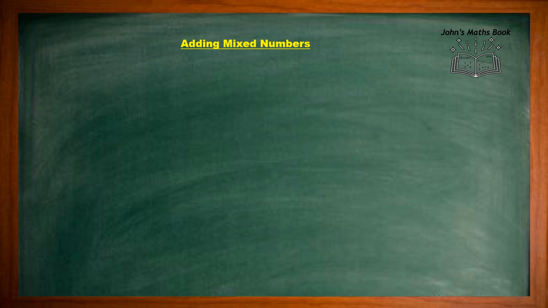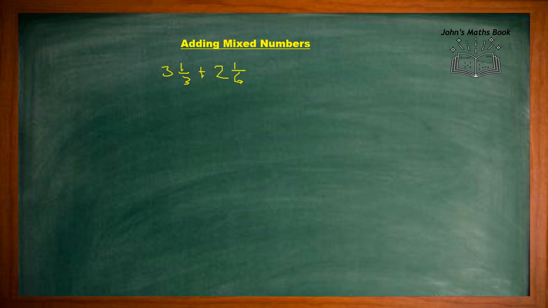So let's look at how we add mixed numbers. Let's look at an example of 3 1/3 added to 2 1/6. The first thing we have to do is convert the mixed numbers to improper fractions. The way we do that is multiply the integer part by the denominator, add the numerator, and then divide it all by the denominator.